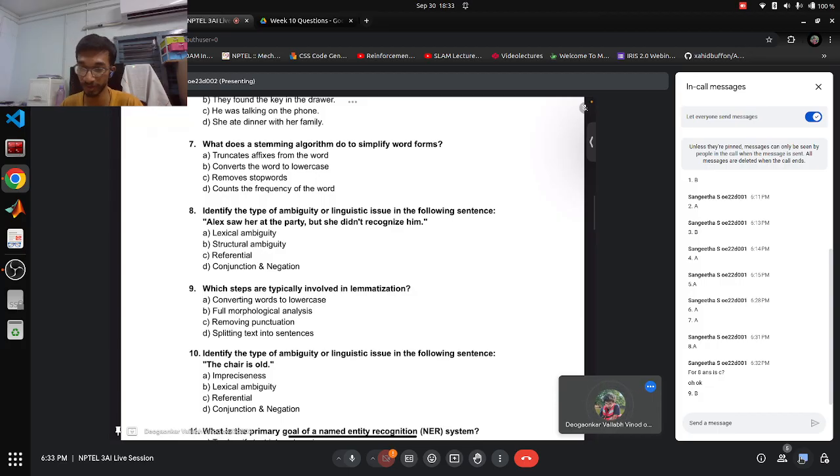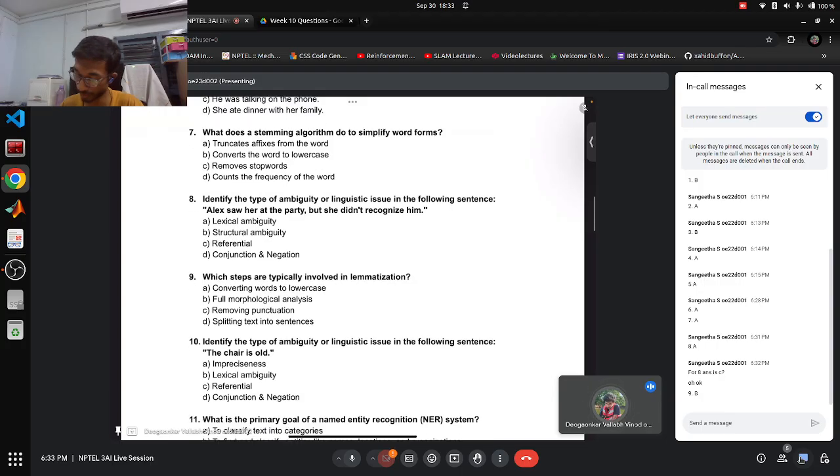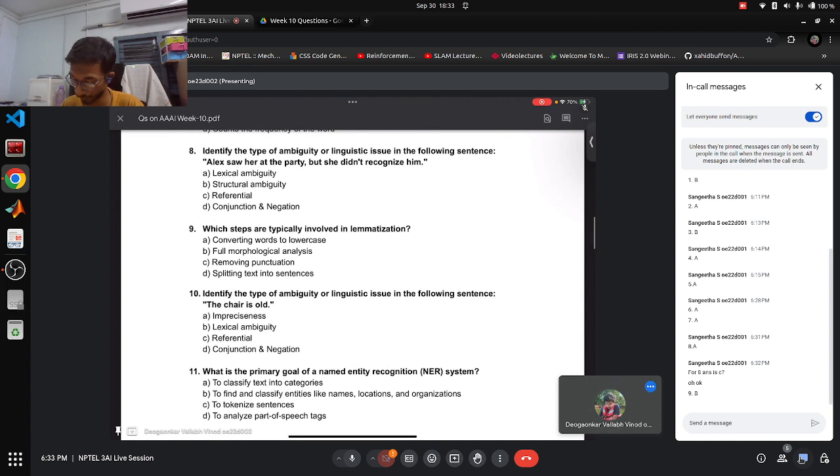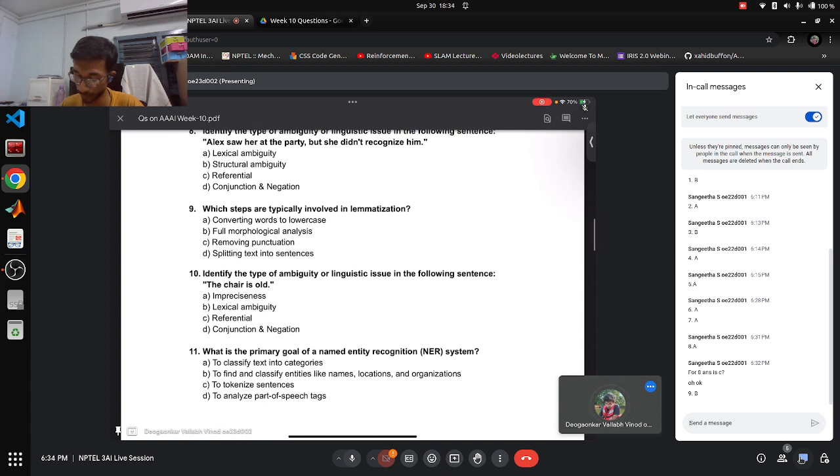Instead of that, lemmatization tries to get a complete understanding of the word in different contexts, and based on that, it will get to the root word. So the answer for 9 is B.